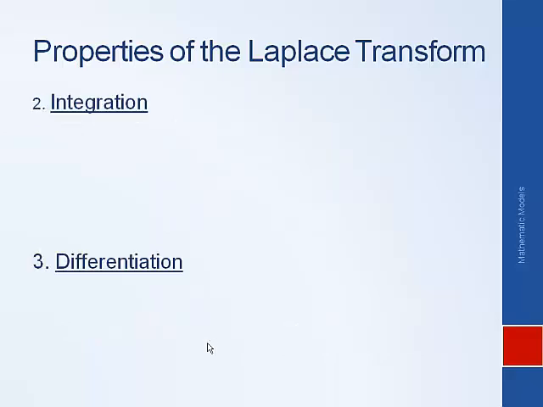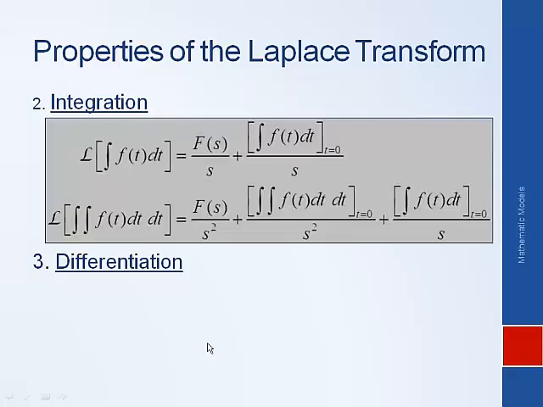Two other important properties of the Laplace transform are when you take the Laplace transform of an integral and when you take the Laplace transform of a derivative. If you take the Laplace transform of a single integral of f of t, you get the Laplace transform of f of t divided by s.